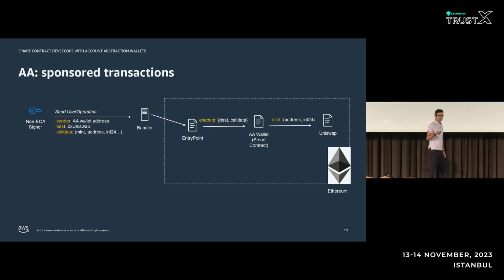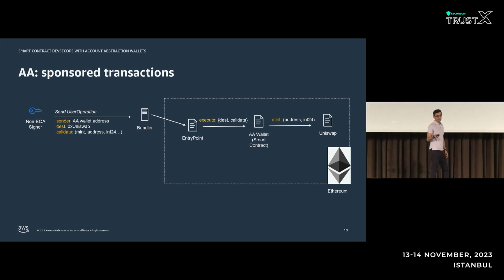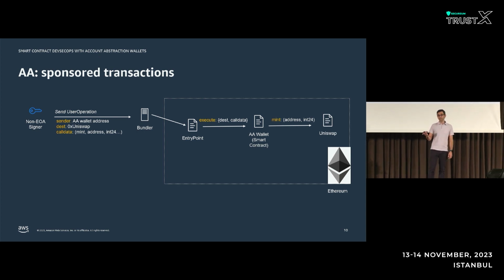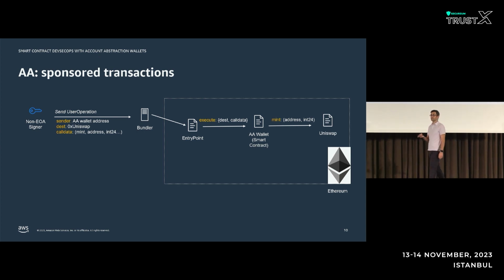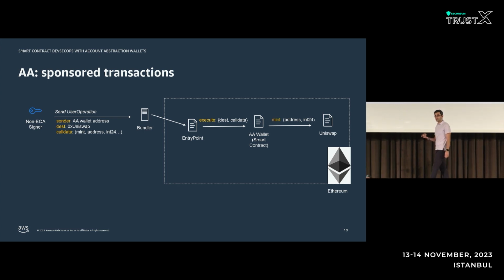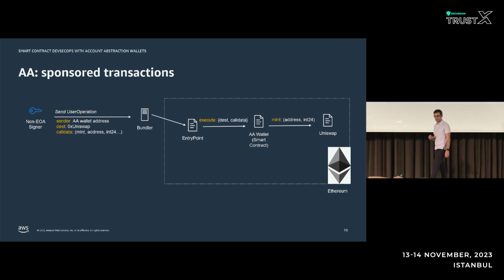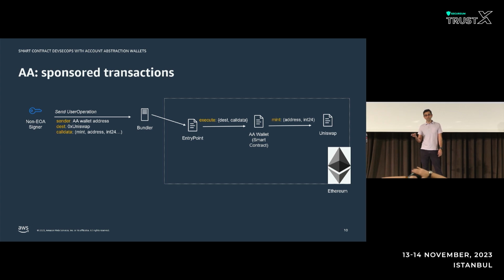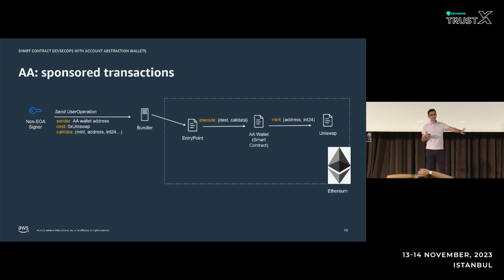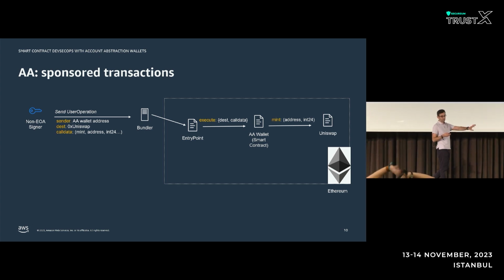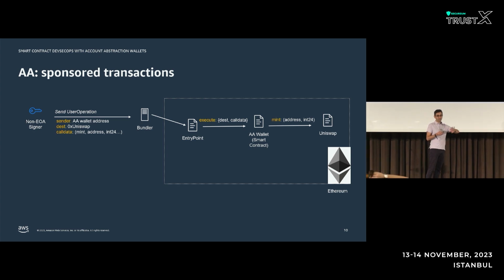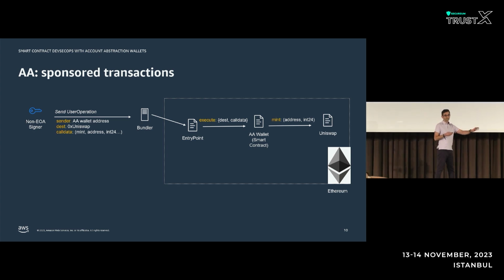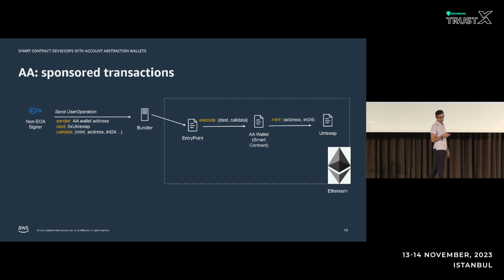But the question is, who paid for this transaction? So the entry point by default is going to look at the AA wallet and say, you better have enough funds in your wallet to pay me, otherwise we're going to revert this whole transaction. And that's what we specifically want to avoid here, because we want to completely eliminate the need for our developers to have any currency in their wallets.